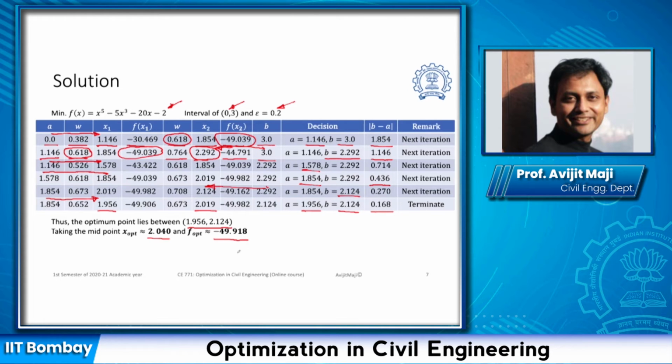Now in this process, you can see that in the very first iteration we estimated two function values, in the second one 1, next is 1, another 1, another 1, and in the last iteration one more. So in total it is 2 plus 1, 3, 4, 5, 6, 7. So we evaluated 7 functions.